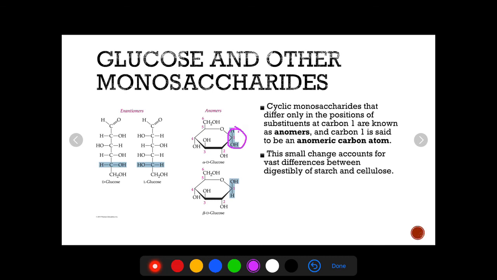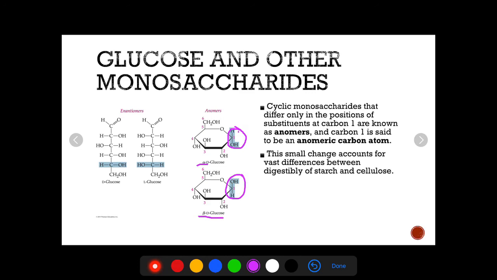So it can either be going down or it can be going up. Okay, so that's what we're talking about there. So it's a very small change. So this obviously is still D-glucose, but we went from alpha D-glucose to beta D-glucose.